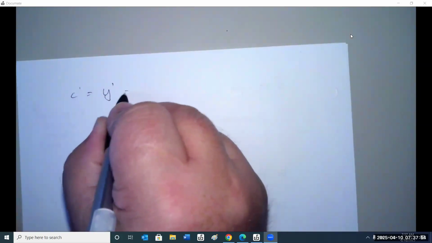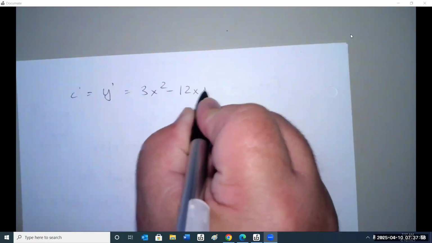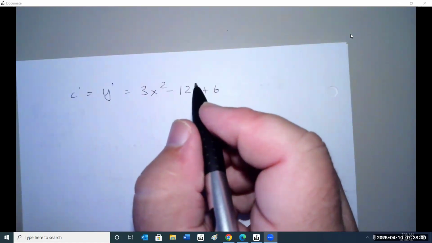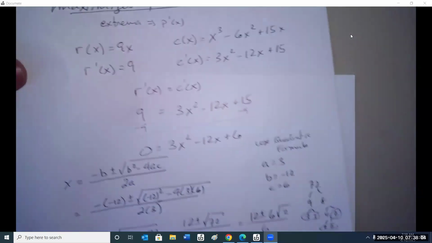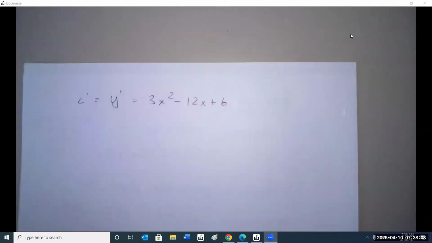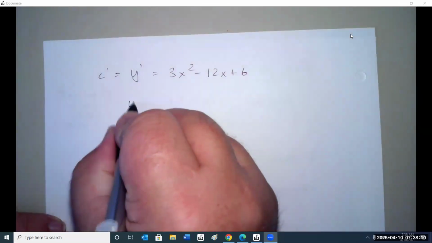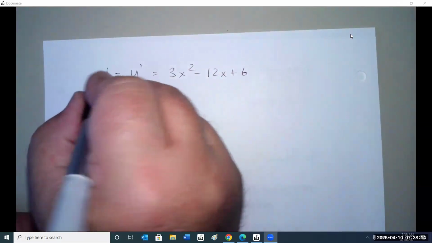So our y value, our cost value, is equal to 3x squared minus 12x plus 6. Now, we have to know which one gives us the maximum. To get the maximum, we look at the second derivative of our function.